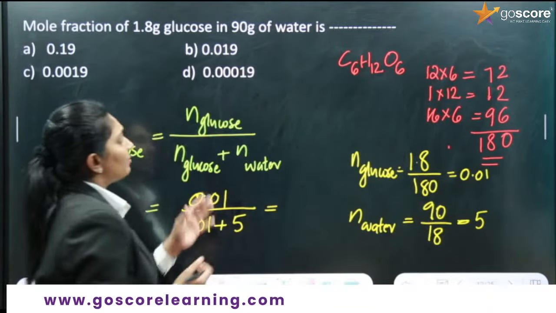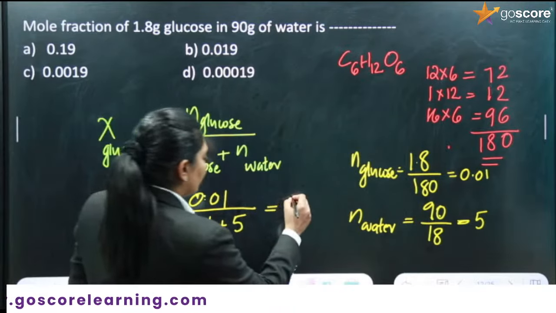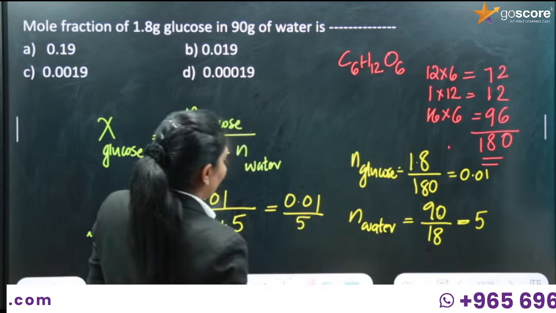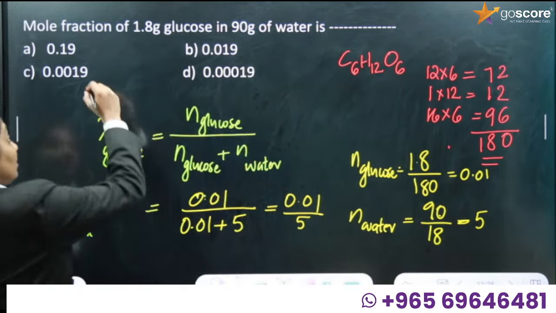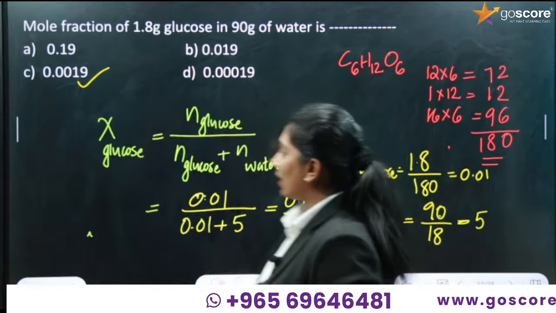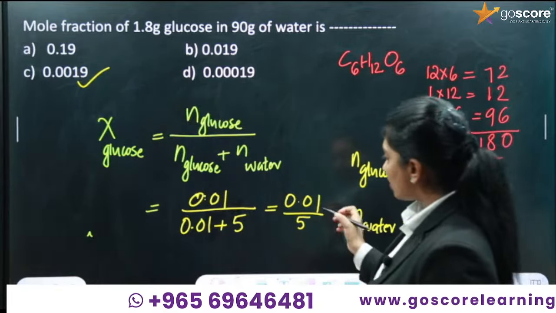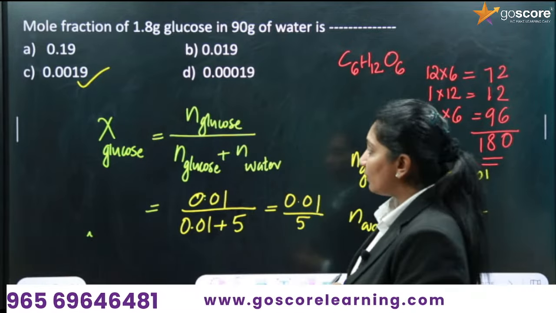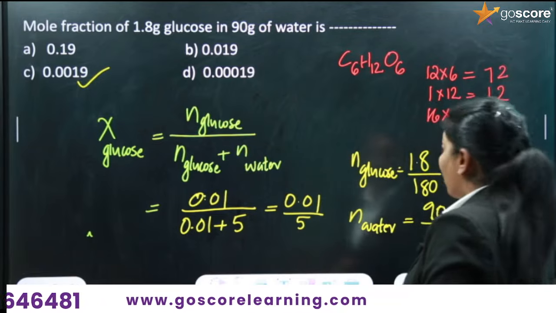Since it's an MCQ based question, we can approximately do the calculation as 0.01 divided by 5. We will get the value 0.0019. Okay. So since it is an MCQ question, by doing this we can easily find the answer. I hope this is clear.